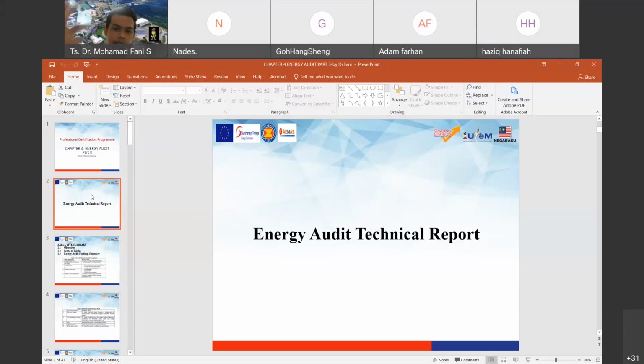Generally, we have 3 types of energy audit: the preliminary audit, the detailed energy audit, and a focused energy audit, or specific energy audit for a specific system. So today I would like to brief a little bit about the technical report, on how we can write a technical report for the energy audit.